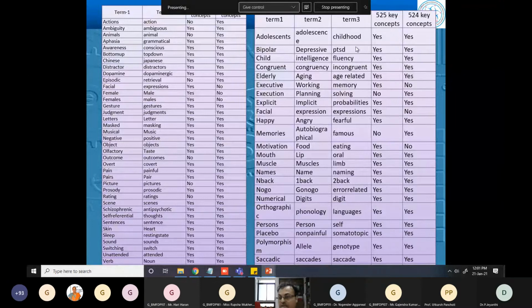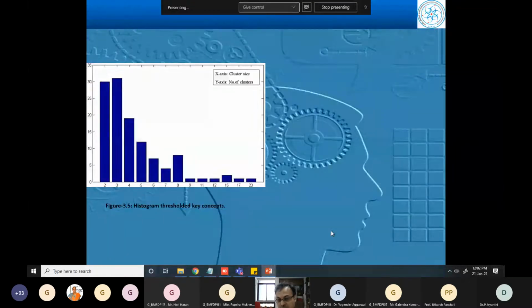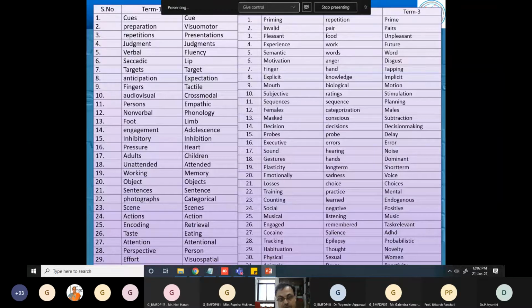And when I look at three concepts clustered together, happy, angry, fearful, all emotions are clustered together. There are also placebo, non-painful, and somatotopic. These are also linked together. I'll give you a few more examples like that.